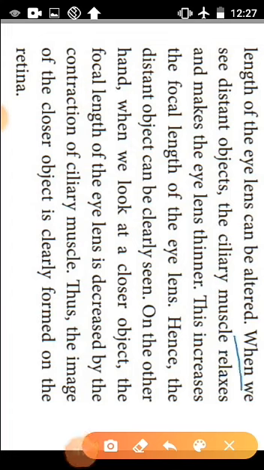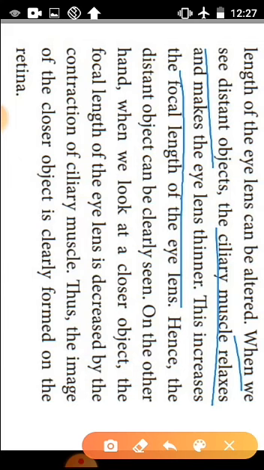When can we see the distant object clearly? When the ciliary muscles relax and make the eye lens thinner. Okay, when the ciliary muscle relaxes and makes the eye lens thinner, it increases the focal length of eye lens, so we are able to see the distant object clearly.